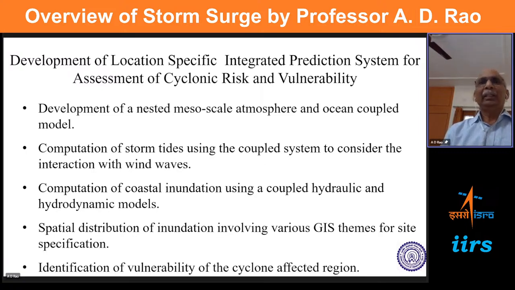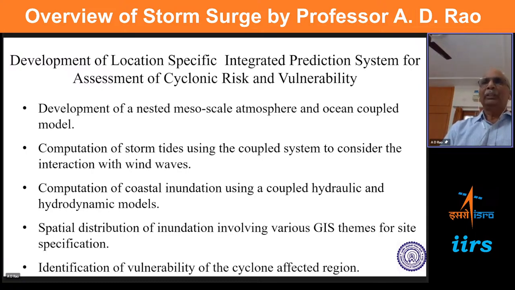For this, first of all, your cyclonic winds data should be very accurate. That means the input coming from the mesoscale atmospheric model for any cyclone. If the cyclone prediction is correct, then your storm surge prediction is also correct, because all the input comes from the atmospheric model.